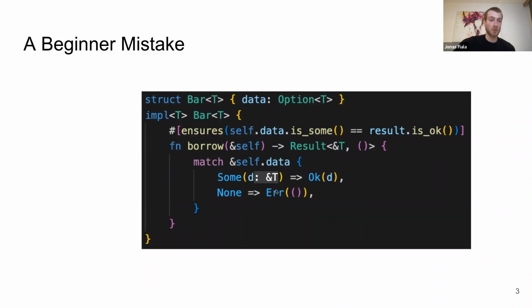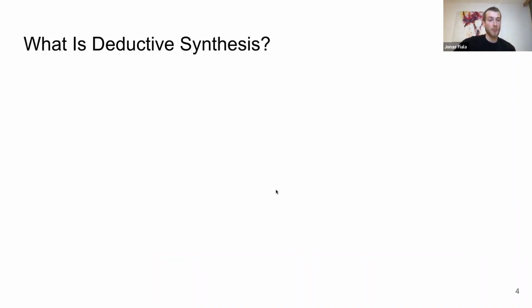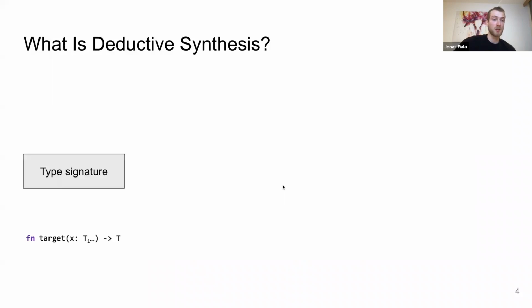What we've seen here is essentially what we're doing with deductive synthesis. We get in some type signature from Rust, so some input types and some output type, and then also maybe some functional specification. The requires tells us what shape the inputs can have, and the ensures tells us what the function should do, what output it should return.